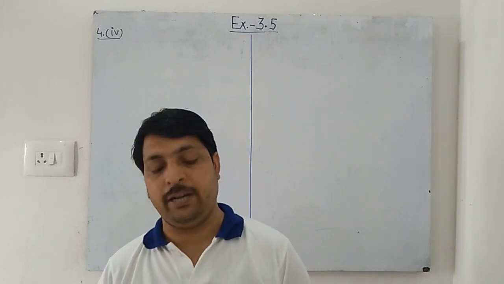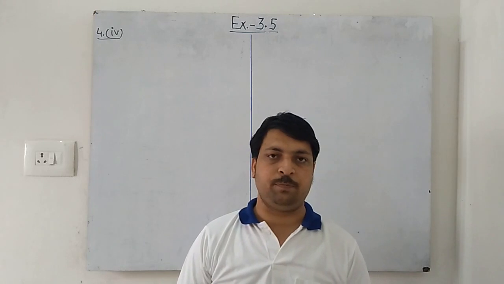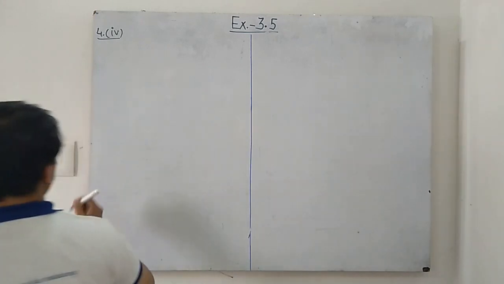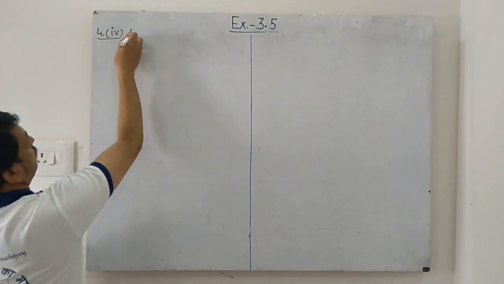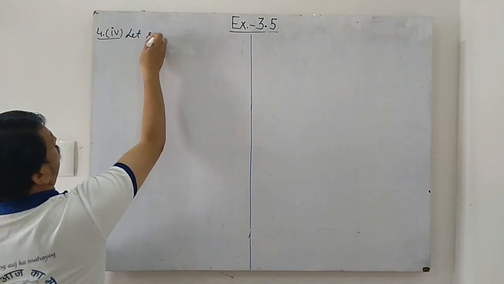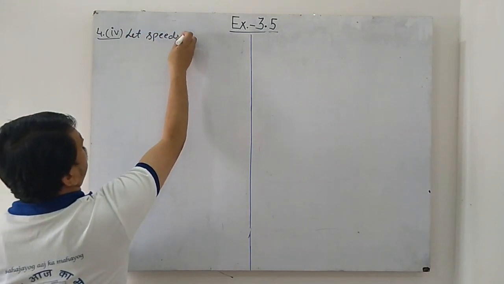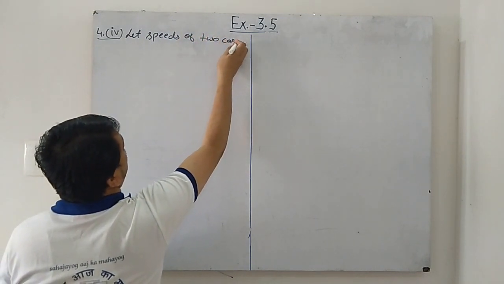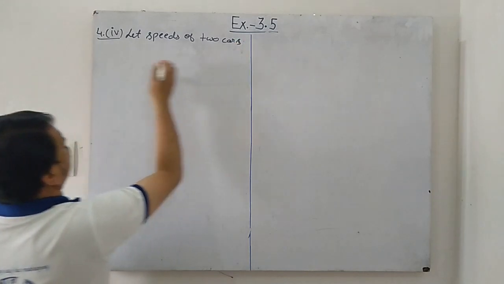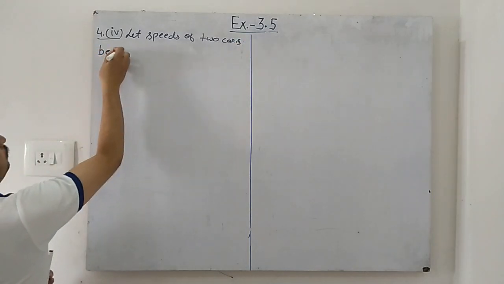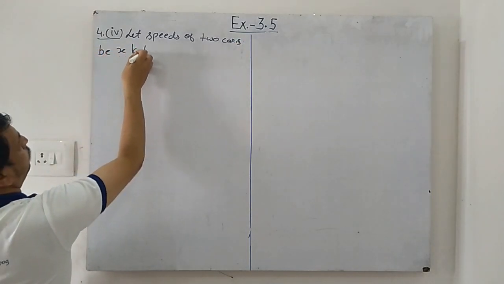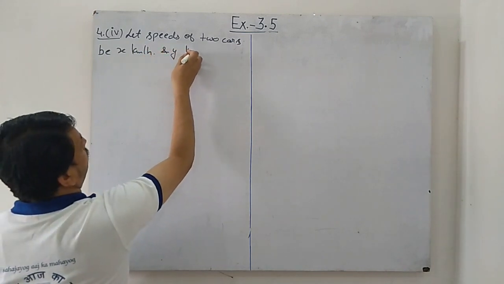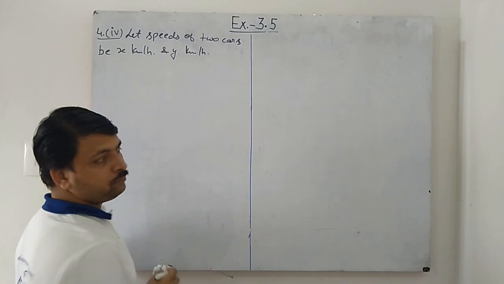Again, we have to find two things, two speeds of two cars. So first, let speeds of two cars be x kilometer per hour and y kilometer per hour.